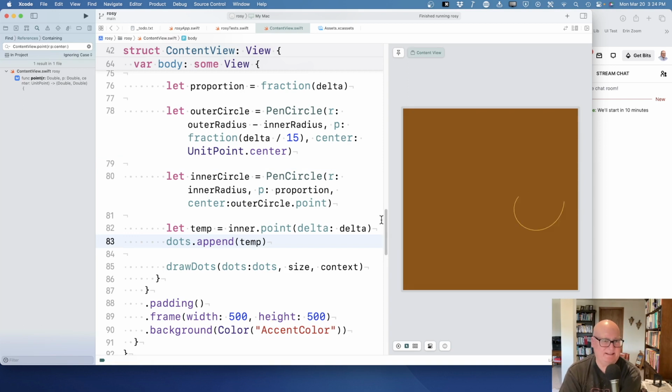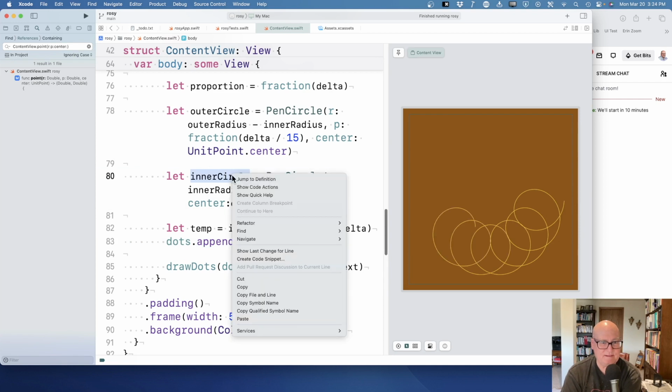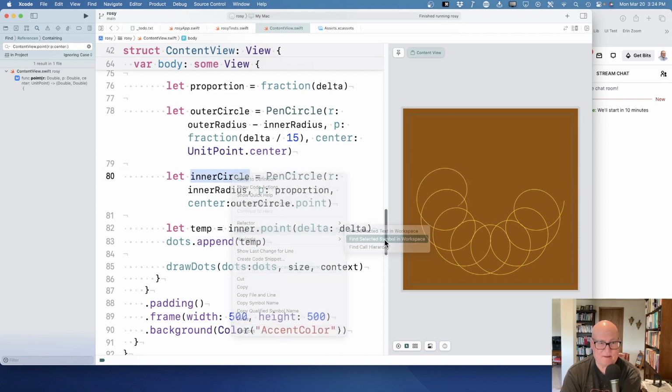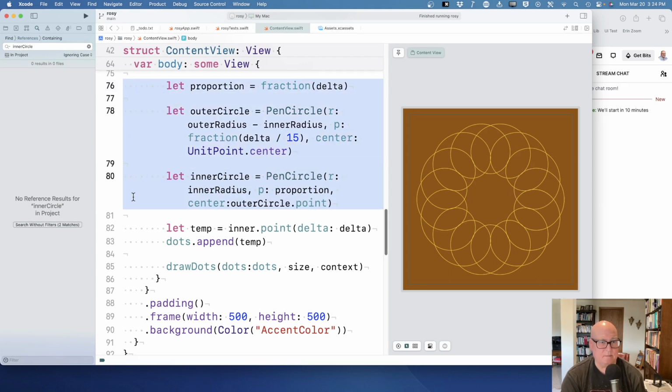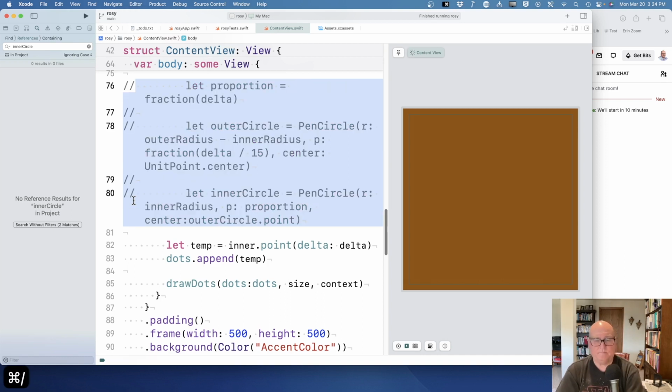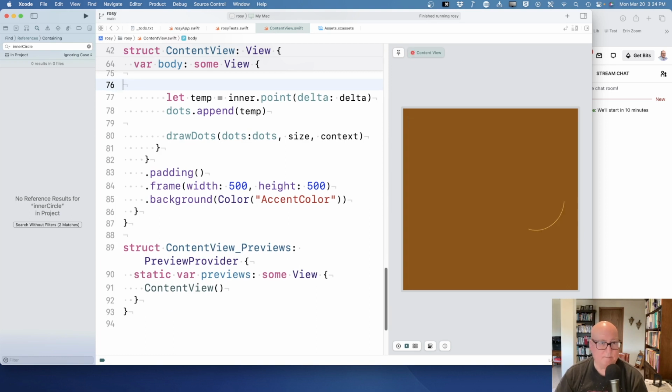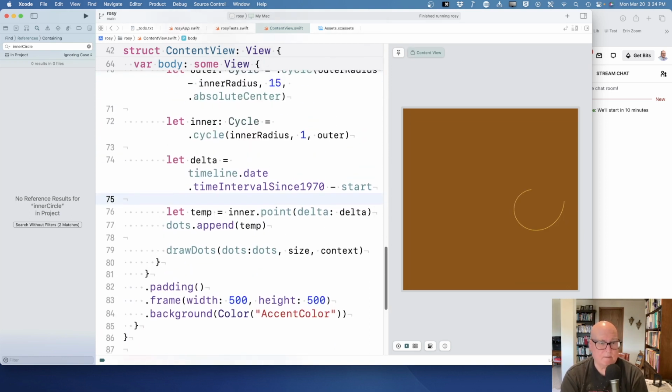Now, is anybody looking at inner circle? No references. Okay, I don't think anybody's looking at any of these now. Okay. I'm going to inline this.